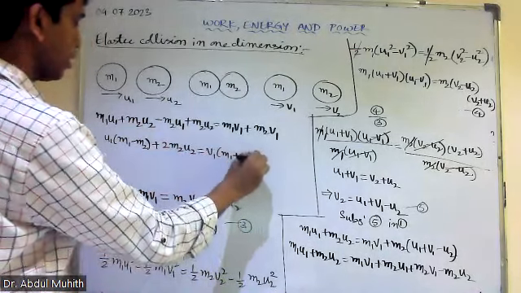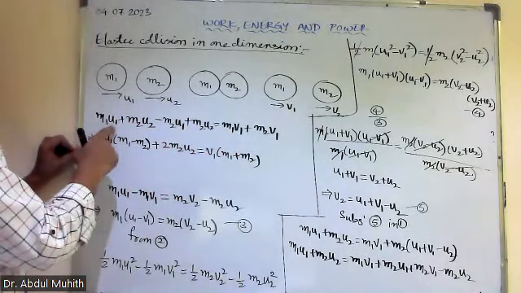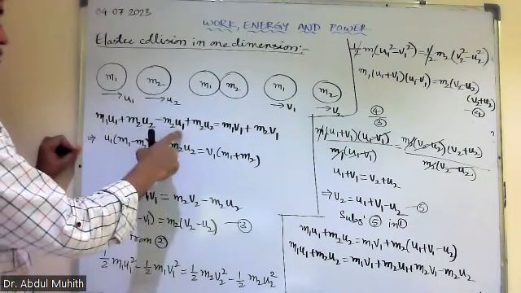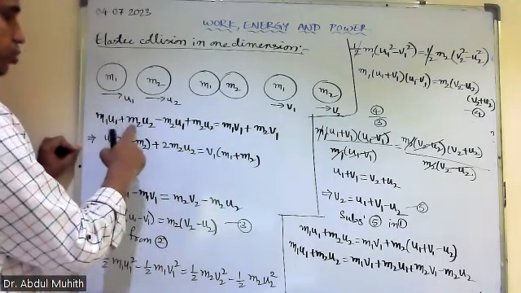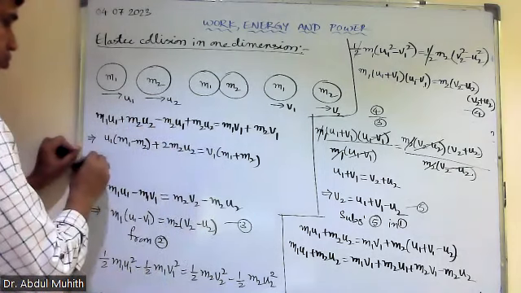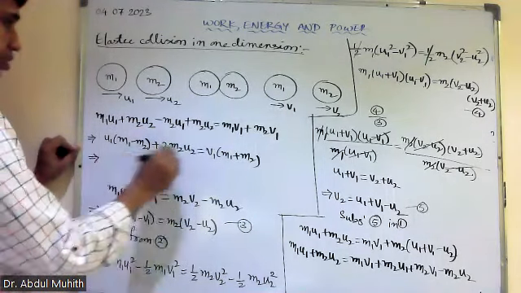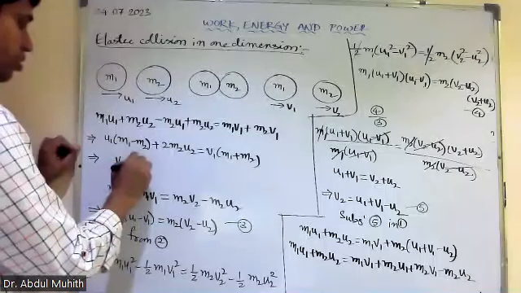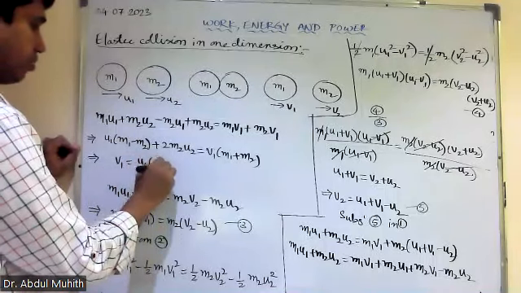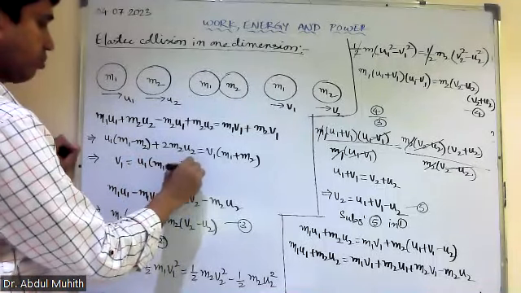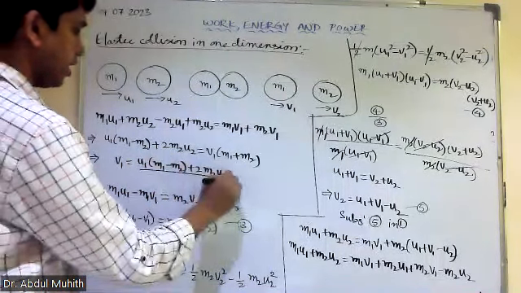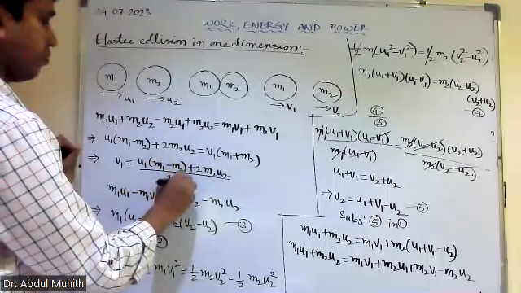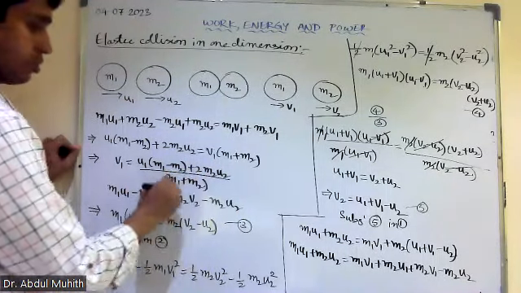See carefully again: m1 u1, m2 u1. I have taken u1 common, m1 minus m2, and m2 u2, m2 u2 will become 2 m2. So v1 equals u1 into m1 minus m2 plus 2 m2 u2, divided by m1 plus m2. So this is the equation.